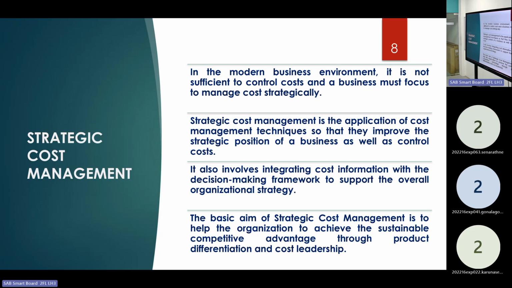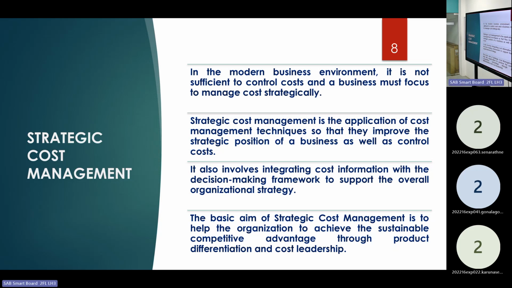Both aspects combined together, we call it strategic cost management. It also involves integrating cost information with a decision-making framework to support the overall organization strategy. And the other important thing is that the overall organization strategy should ultimately achieve the overall organization profit.